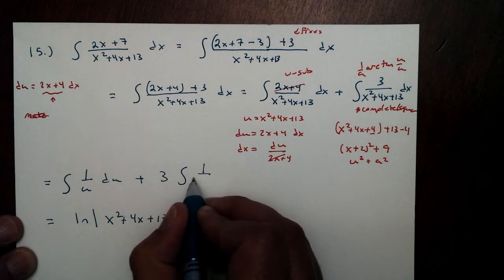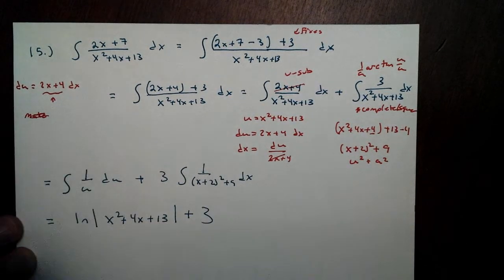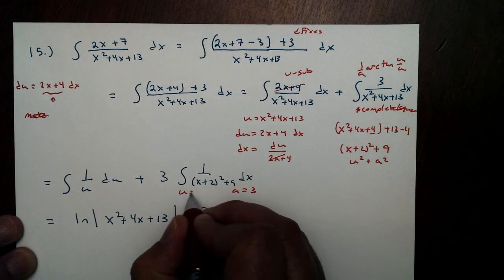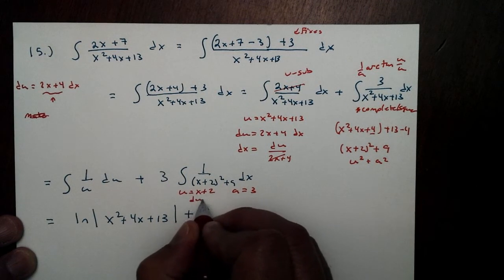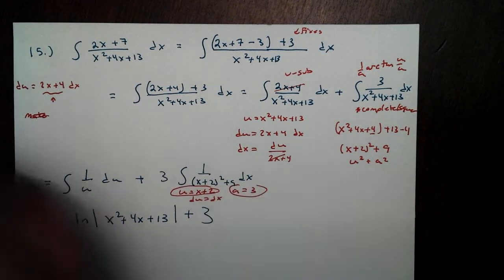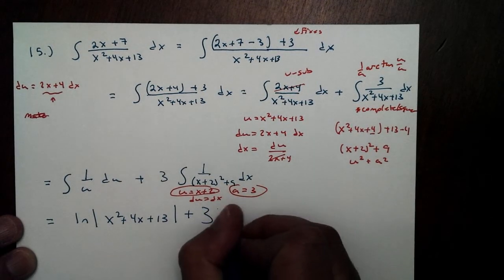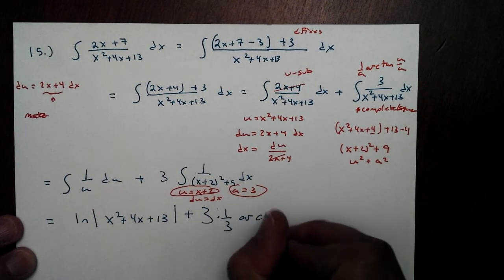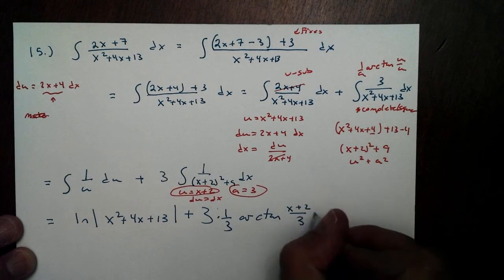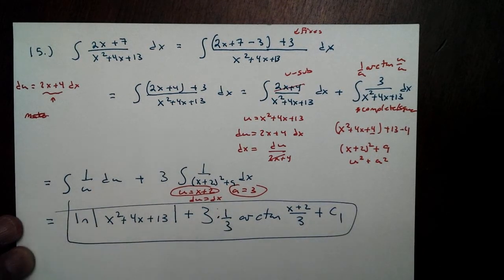This becomes 1 over x plus 2 squared plus 9 dx. I know that a is 3 and u is x plus 2. du is dx, that's what I want. So I have my u and I have my a. When I plug it into my rule, we get 1 over a, arc tangent of u over a, which is x plus 2 over 3, plus c1. And there is our integral right there.